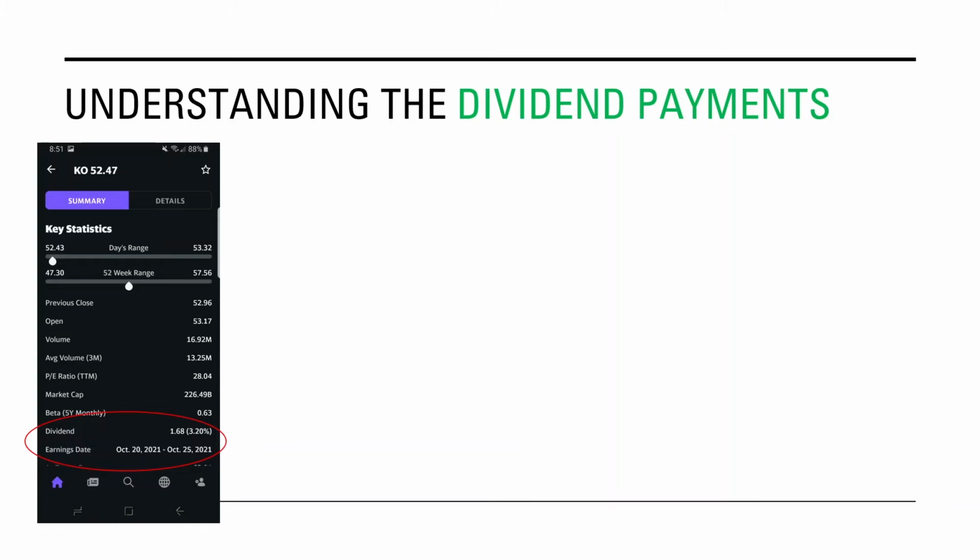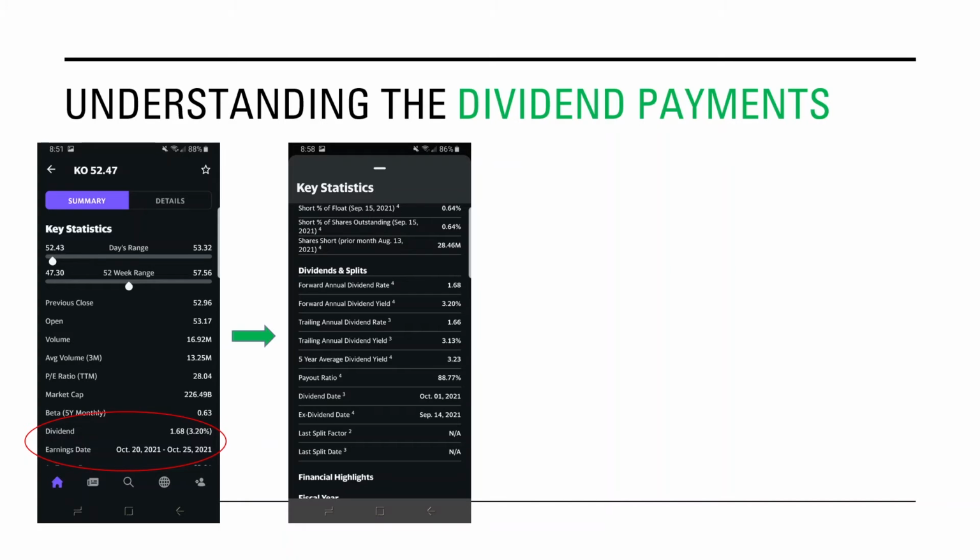If we go deeper in the dividends, we're gonna see if you click on key statistics, view more, that's under. You're gonna see in dividends and splits that there's a dividend date and ex-dividend date. So the 1st October is the next one, and the ex-dividend date was on September 14th.